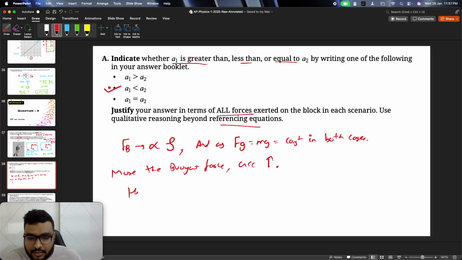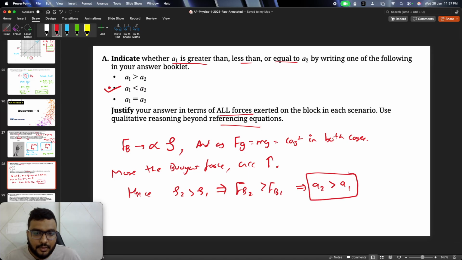Hence buoyant force is dependent on density. As rho 2 is greater than rho 1, it simply tells us that the buoyant force of 2 is going to be greater than the buoyant force of 1. That tells us that the acceleration of 2 is going to be greater than the acceleration of 1. Okay, so this is what we can write over here.